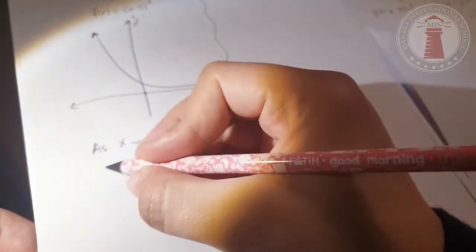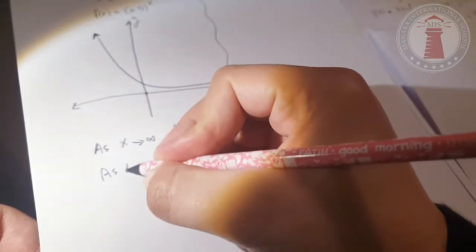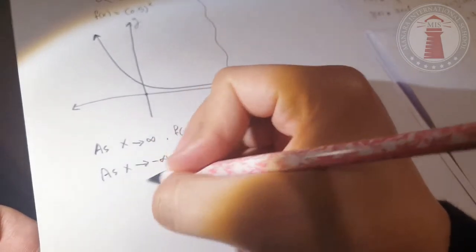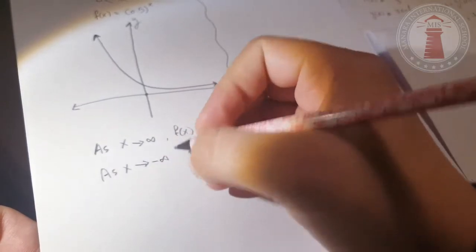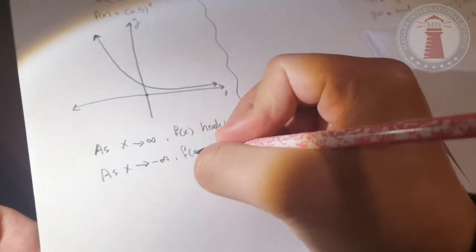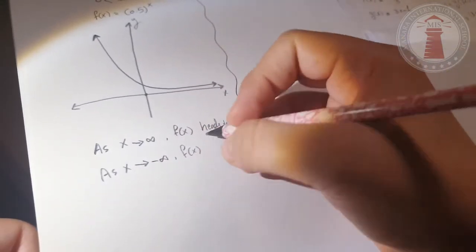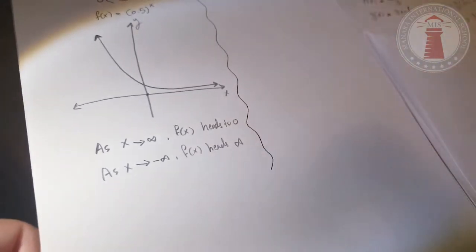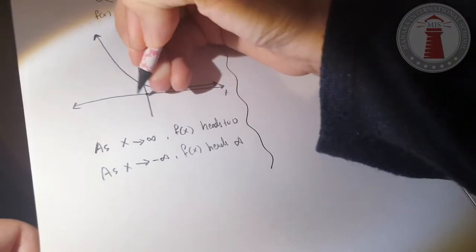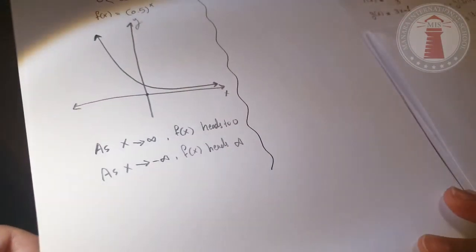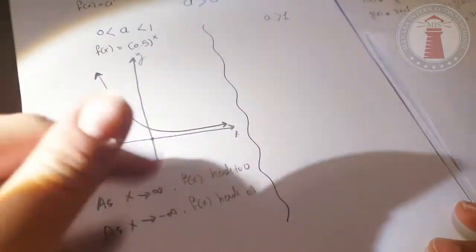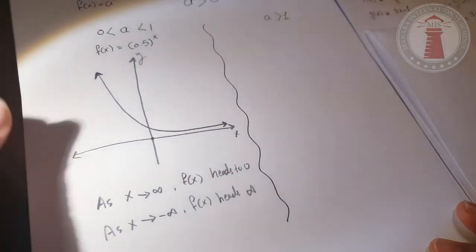Okay, what about as x is approaching negative infinity, or what we call it as x decreases? What happened to f of x in here? F of x heads to infinity, because look, it's going up when x is decreasing. Now this only happens when a is between 0 and 1, so when the base is a decimal number.